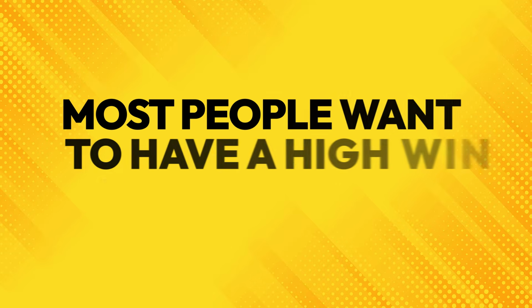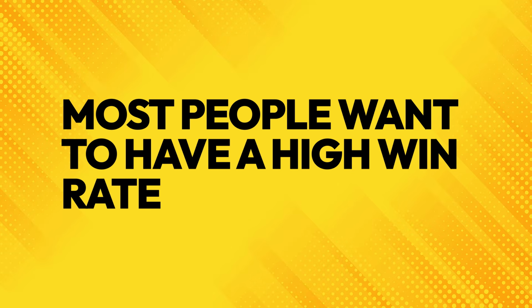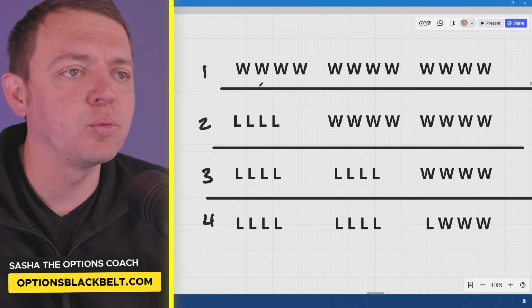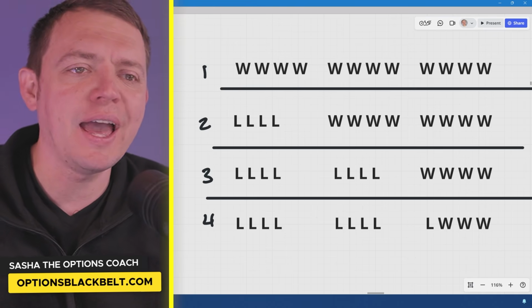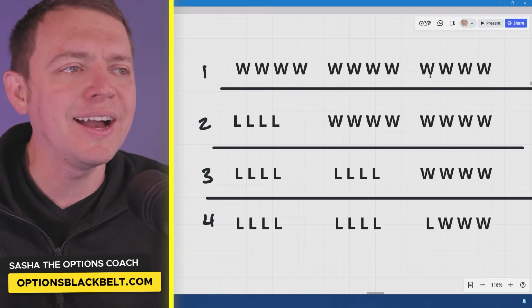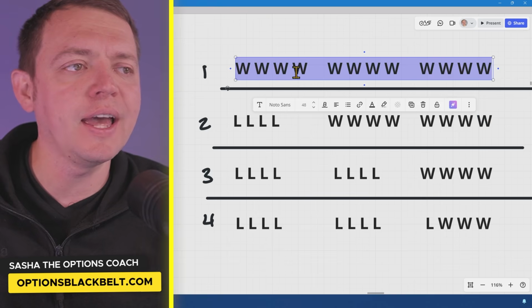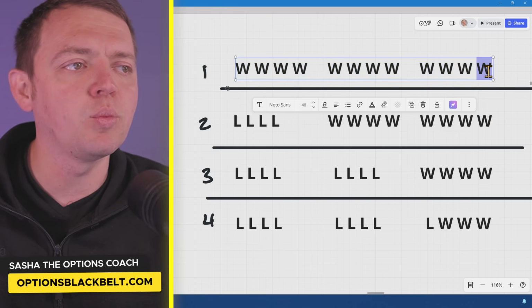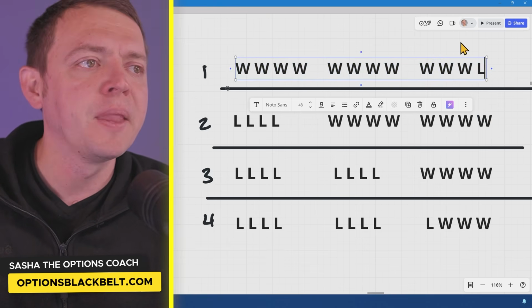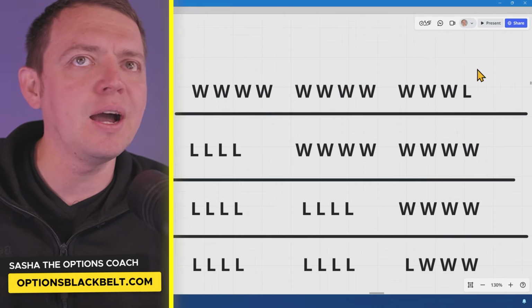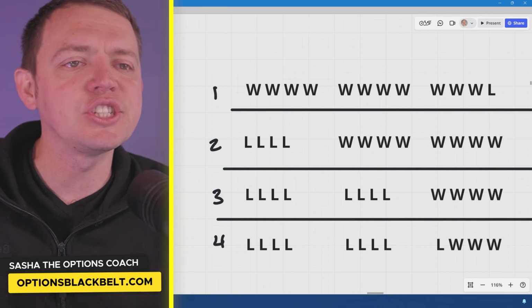Now, what most people want is a high win rate. And this is what you have: a win, win, win, win, win. This is what you typically see with iron condors and credit spreads and that kind of thing. But then what could happen is at the end, you might have this one loss right there. What's important to realize is how much money is coming in at each stage.